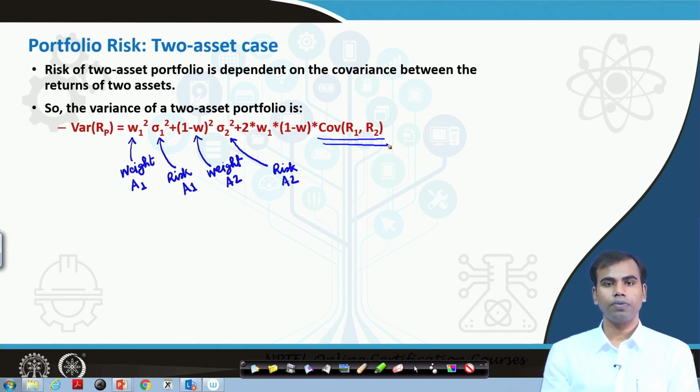If I have some amount of money invested in stock and some amount invested in bond, and my investment in stock is going up, I need to understand whether the investment in bond is also going up or going down. If it is going up, then this is positively correlated because both are moving in the same direction. If it is going down, the opposite direction of the stock return, then this is negatively correlated because it is going in the opposite direction.